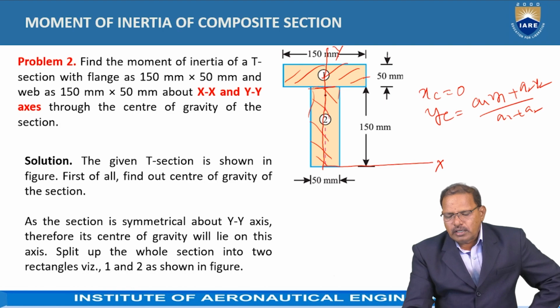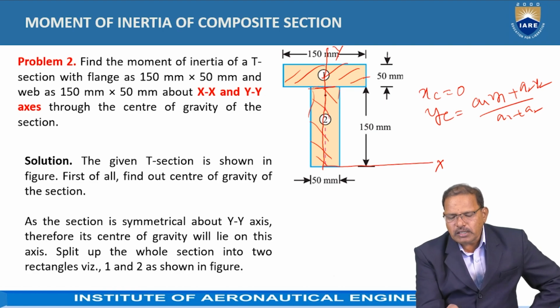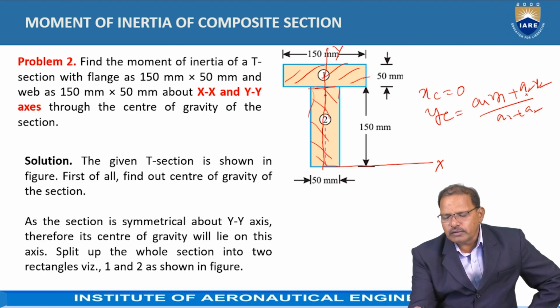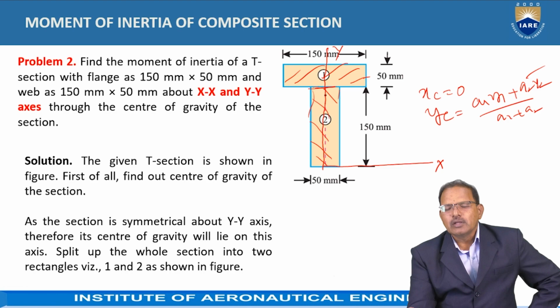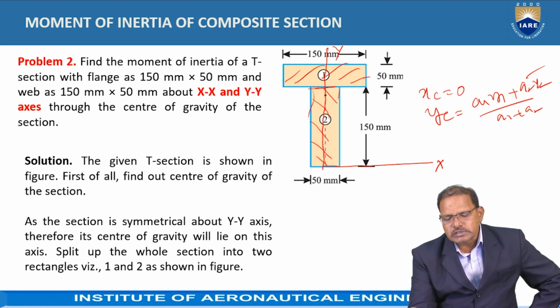Now we have to determine the area of the first section, which is given by 150 by 50. The area of the second section is again 150 by 50. Both are constant. And y1 represents the position of the centroid of the first section with respect to the x-axis.